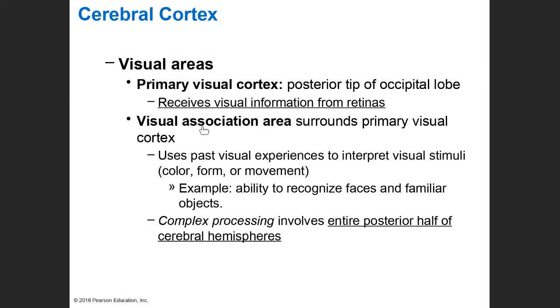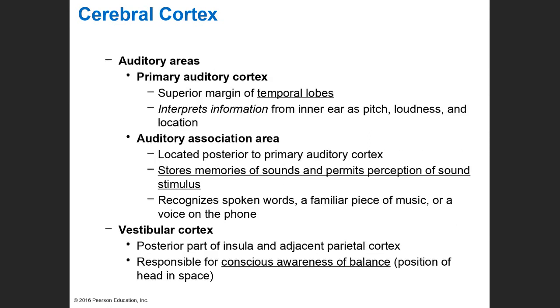In general, any of your association areas, no matter what sense they're associated with, are going to be doing integration. They're integrating experience, memory, and the ability to recognize something you've seen before, and based on the integration in these association areas, you will eventually form some final understanding of whatever that sensation was.